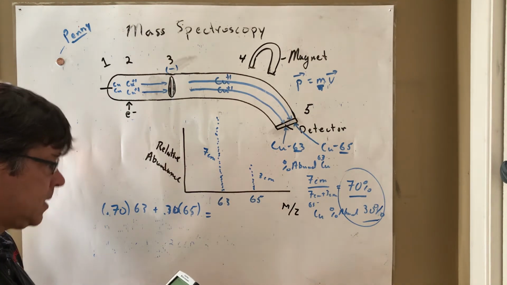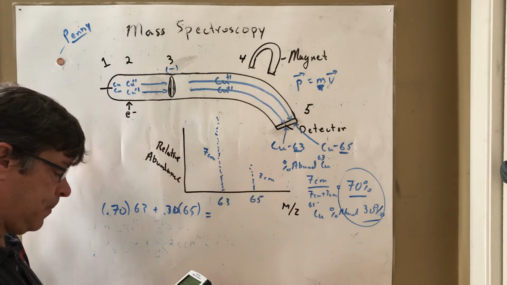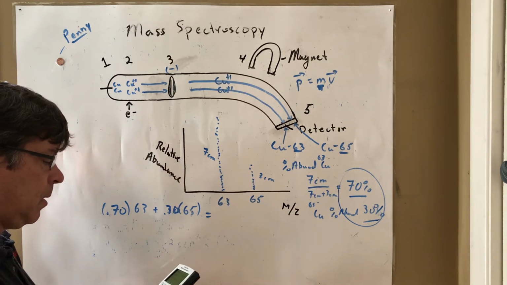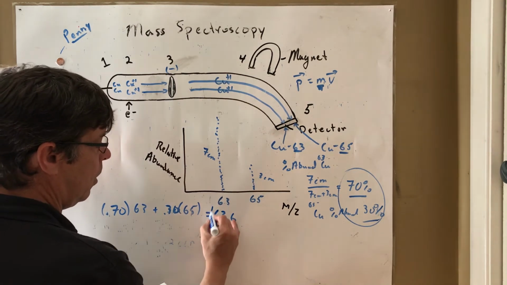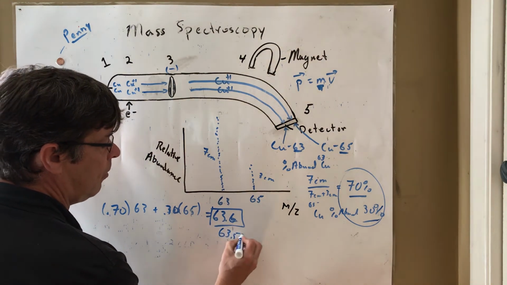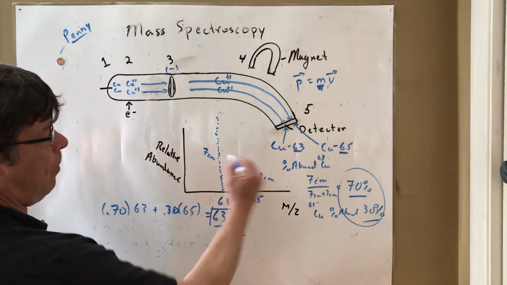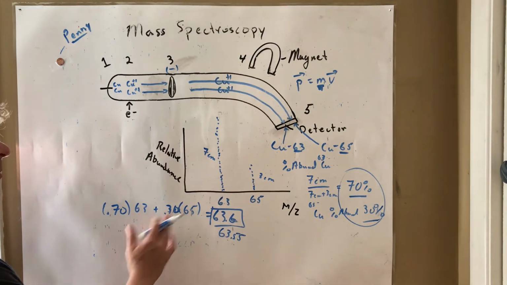And 0.3 times 65 is 19.5, so let's add those up. It's 63.6 or 64. The actual atomic mass is 63.55, but I approximated those heights. These percentages are a little off, so that's how we do it.